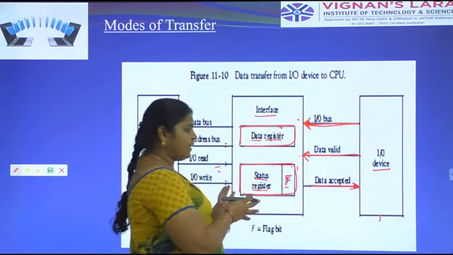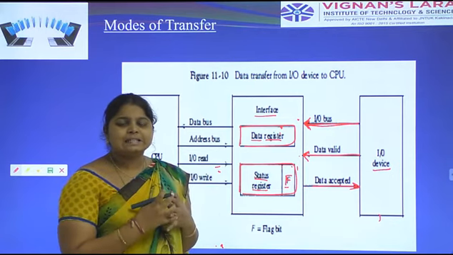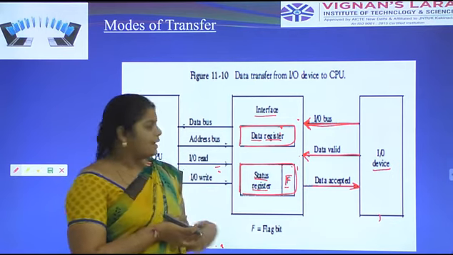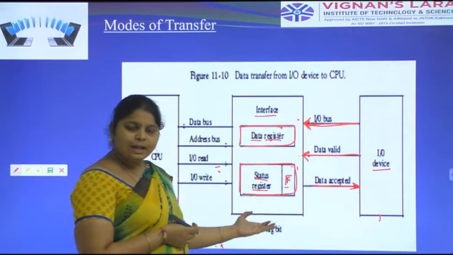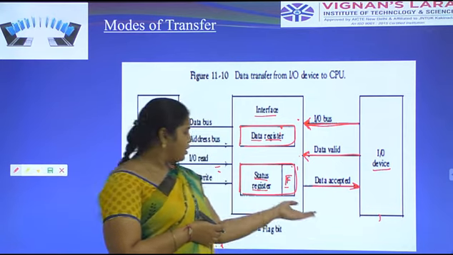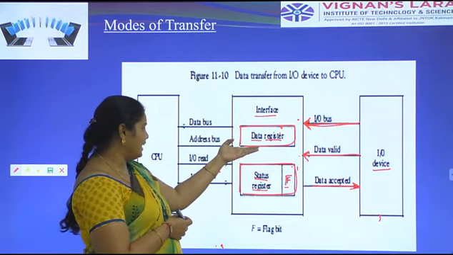When the interface accepts the data, the output is data accepted, sent to the IO devices. Only when the interface accepts the data coming from the IO devices does it transfer the information about data acceptance. The data coming from the IO devices is stored in the data register.